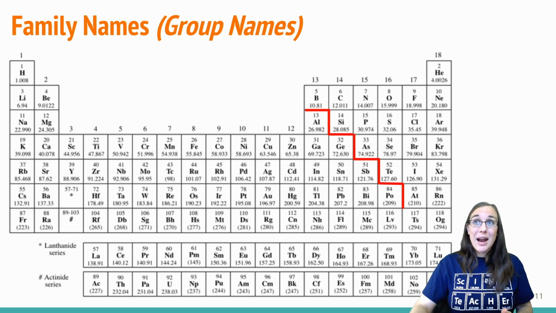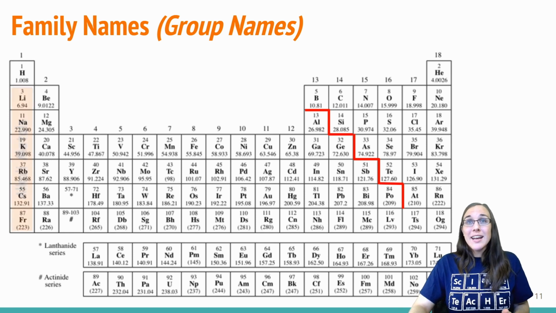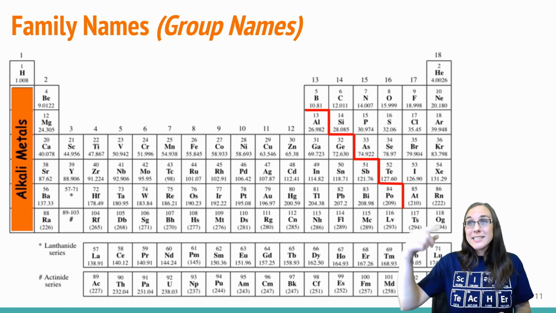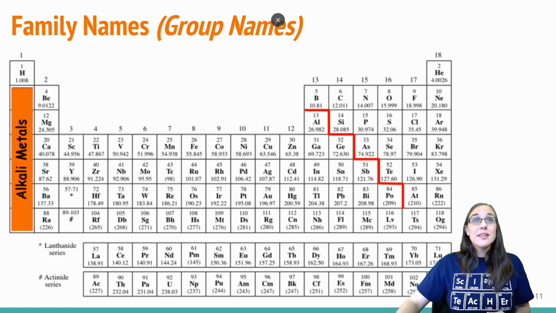So the first family name that we're going to look at is called the alkali metals. So everything going up and down in this vertical column is an alkali metal. They share very similar properties, being that they are in this same column together, but we'll get there. The important thing to know is that all of them in this column are called alkali metals.